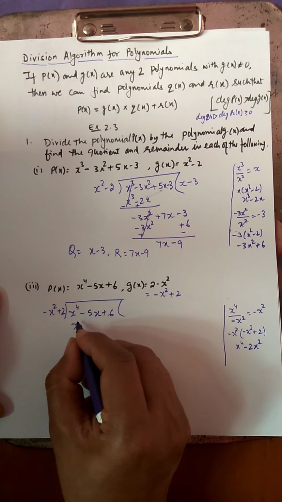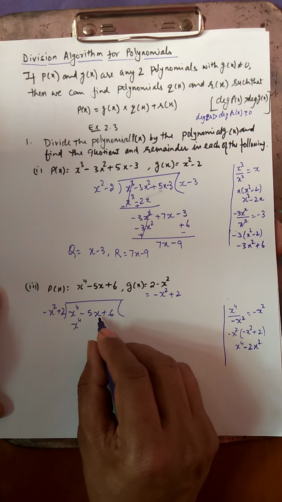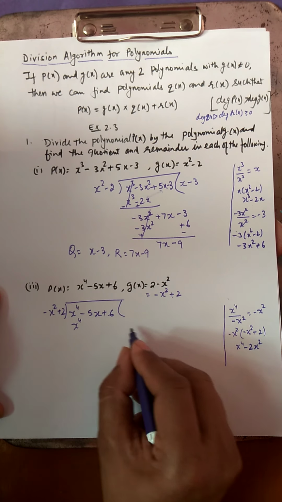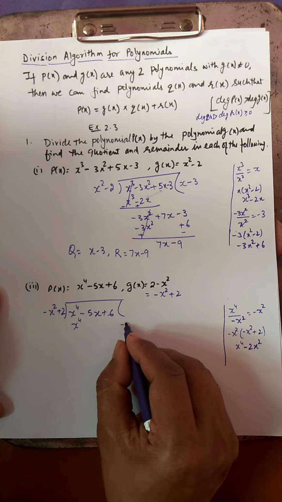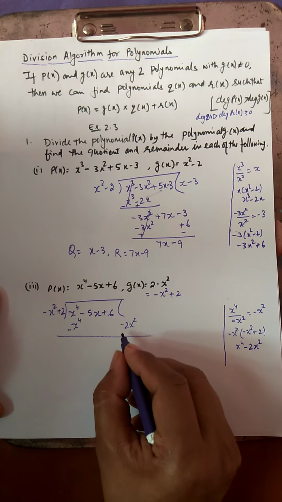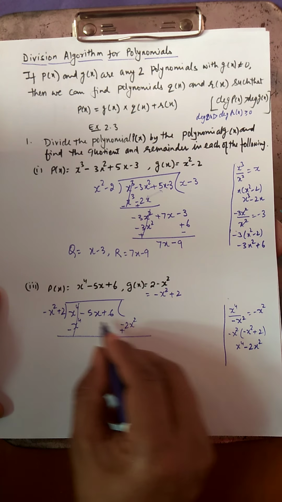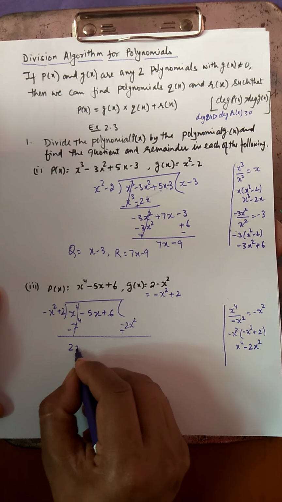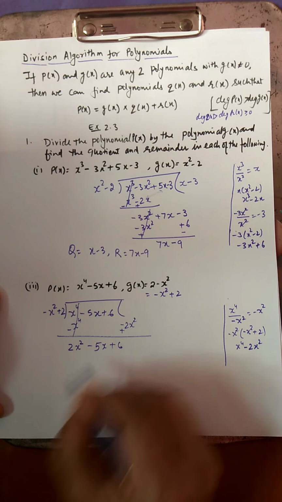So write this x4 minus 2x square. So you can see this is 5x. We do not have this x square term, so we'll write 2x square at last. Now change the sign, this is minus, this is plus. The first term got cancelled, so this is the highest term, then this is the lowest. So write that 2x square first, minus 5x plus 6.